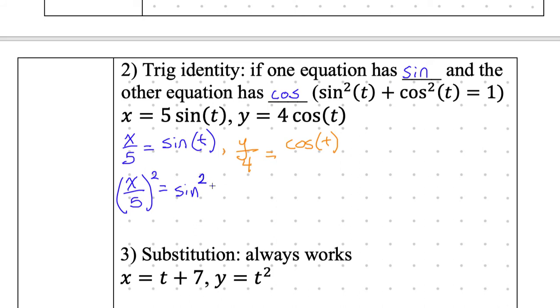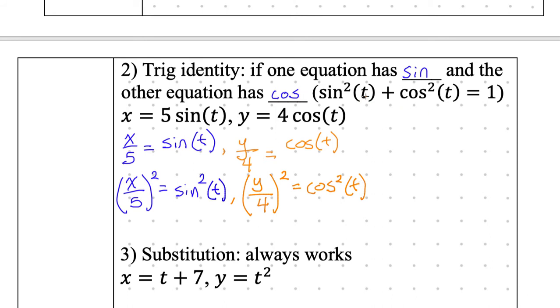So it should be sine squared of t. I'm going to make my t slightly curly to make it stand out from plus signs. And then the same thing for the yellow. I'm just going to square both sides. So I'm going to get y over 4 quantity squared is equal to cosine squared of t.